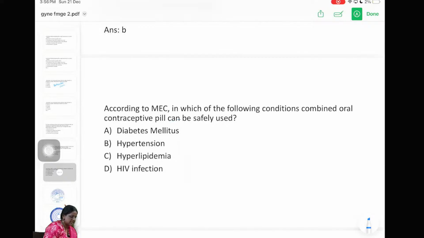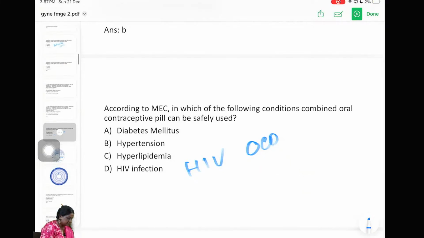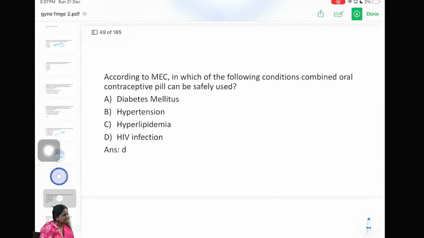Now, according to MEC, in which of the following conditions can combined oral contraceptive be safely used? Will HIV do anything with OCP? Okay, understood.